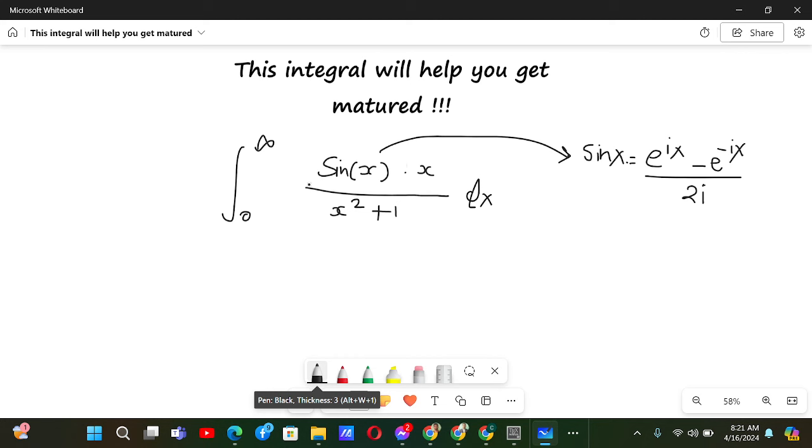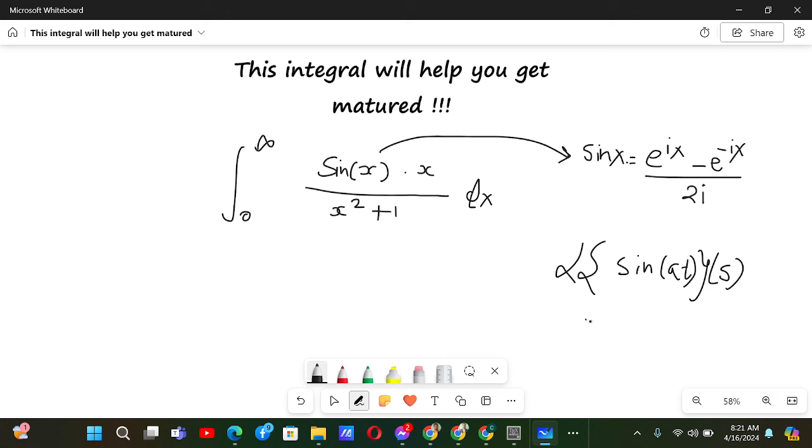In order to simplify sine into simpler expressions, you can also try to take the Laplace transform of this expression. If you take the Laplace transform of, let's say, sine of at and take it to the world of s, this will just be a by s square plus a square.